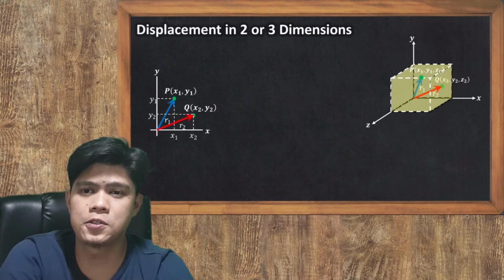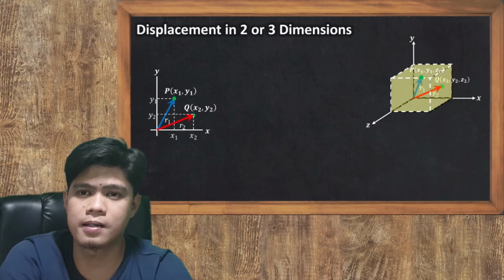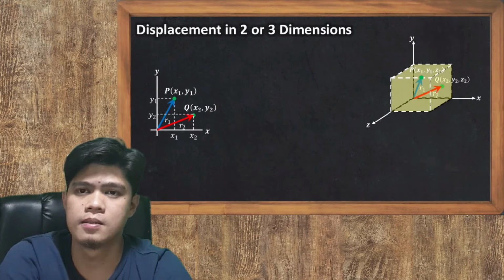Now let's go to the displacement in 2 or 3 dimensions. In rectilinear motion, the displacement is represented by delta r, which is equal to x final minus x initial, meaning from point x naught to point x final.